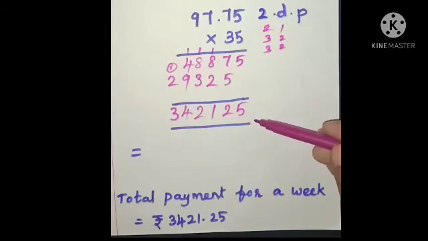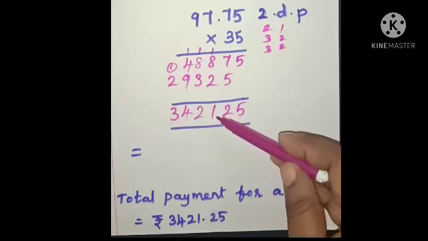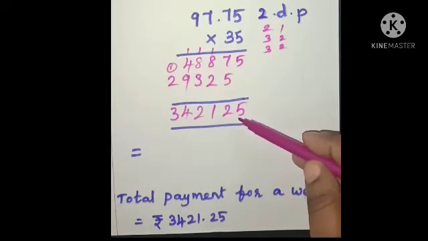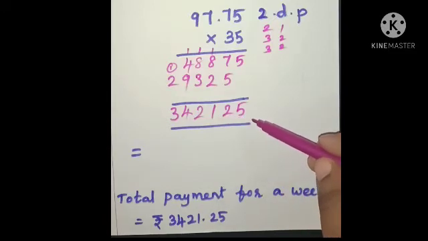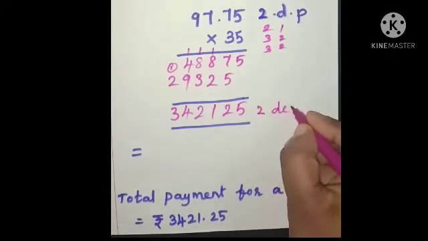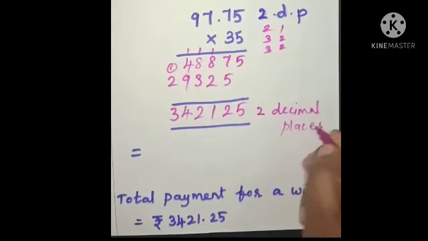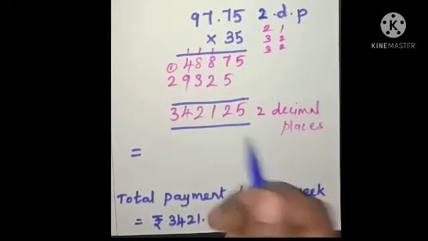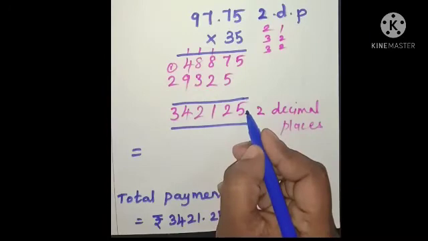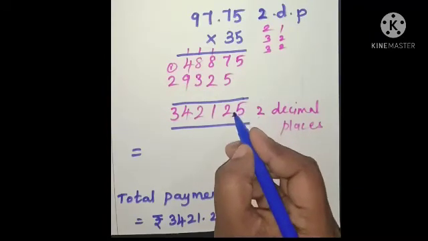Therefore, in the product, there will be a decimal point before 2 digits. And also 2 decimal places are present. Therefore, 2 decimal places. And now from ones place, you have to move from right to left. 1, 2.